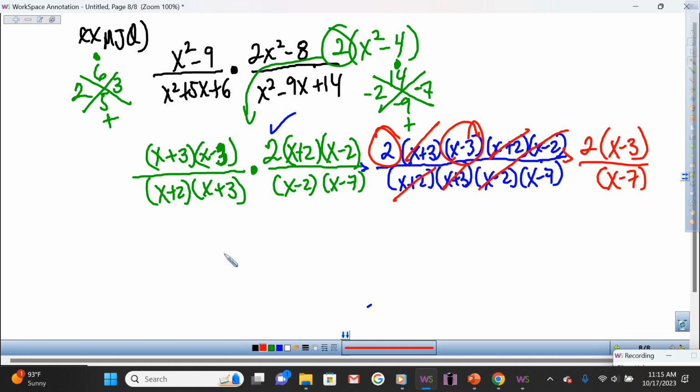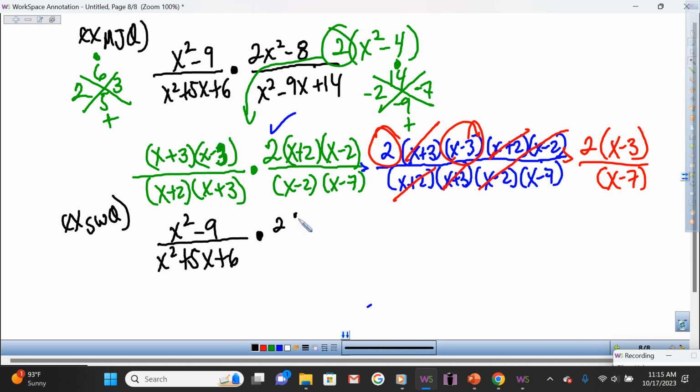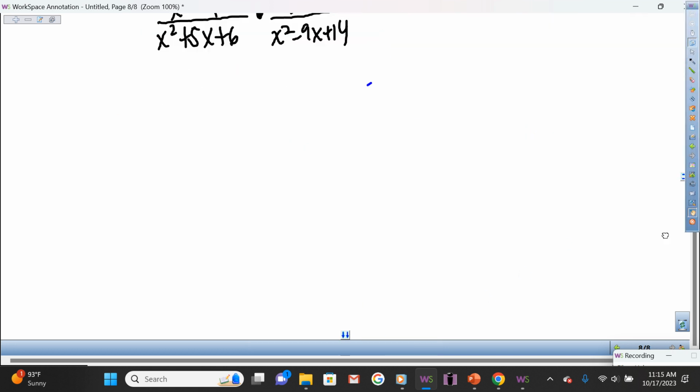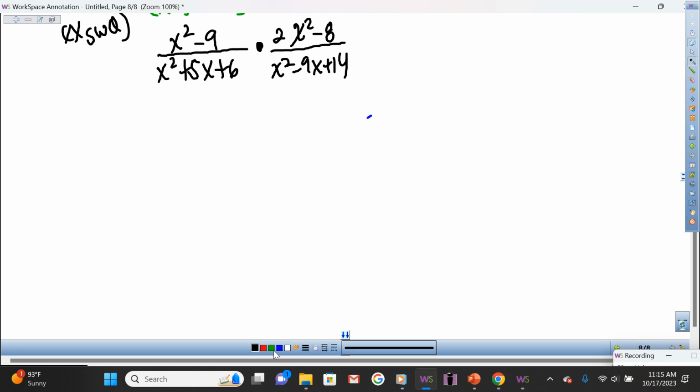So, underneath that, copy this next one, please. Example Star Wars cubed: x squared minus 9 over x squared plus 5x plus 6 times 2x squared minus 8 over x squared minus 9x plus 14. All right. Step 1, factor.